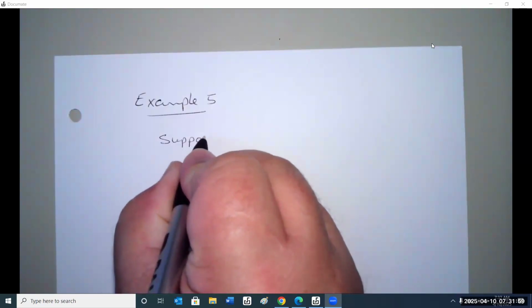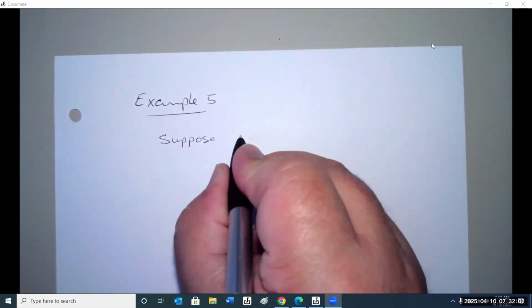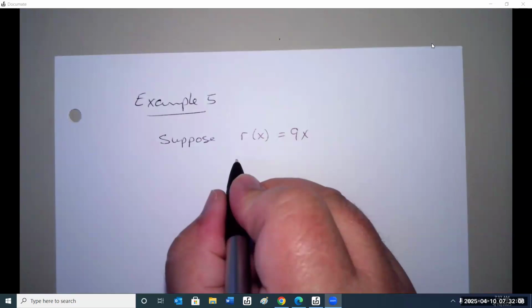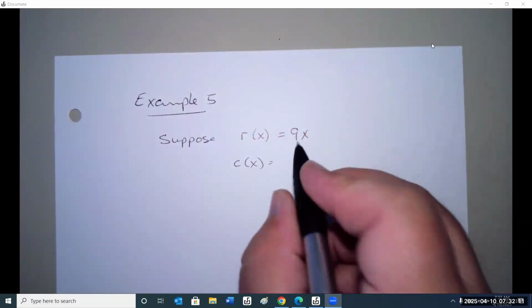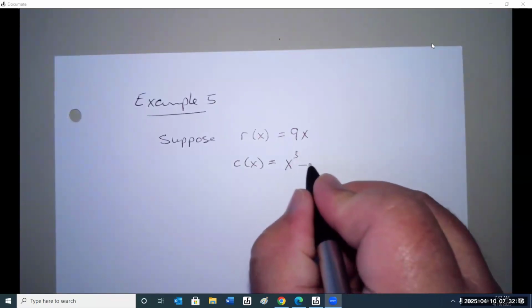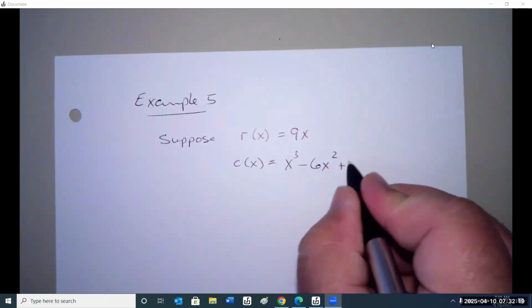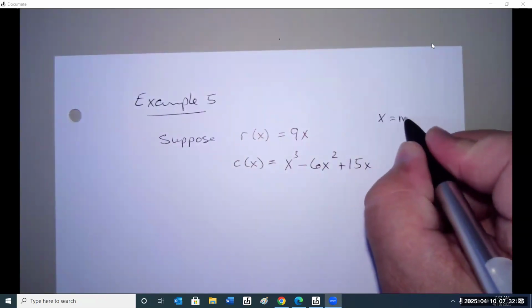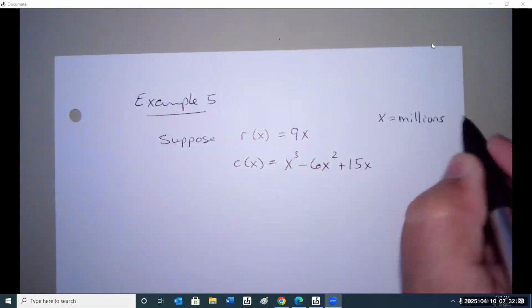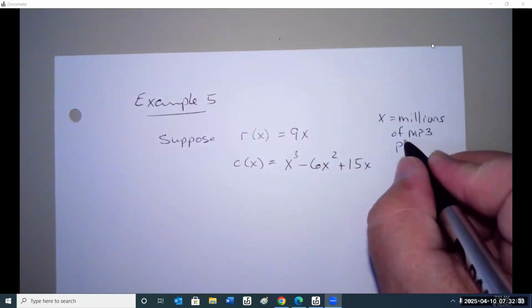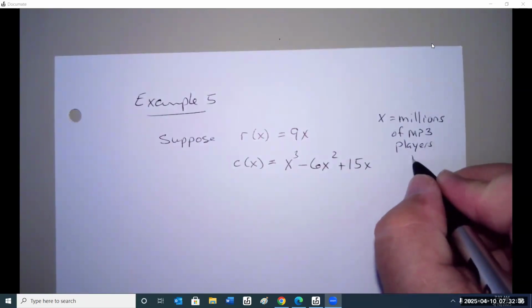Example 5. Suppose the revenue function is 9x, and the cost function that you calculated from all your sales and production is x cubed minus 6x squared plus 15x. In this example, x is equal to the millions of MP3 players made.